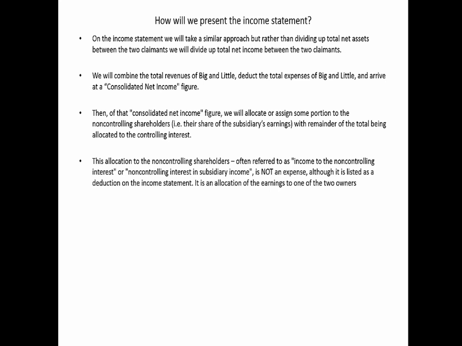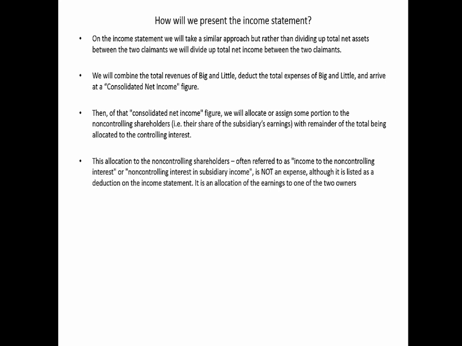So of that consolidated net income figure, we're going to deduct out or allocate away the portion owned by the non-controlling shareholders. We'll refer to that as the income to the non-controlling interest, and then whatever's left is the income to the controlling interest.